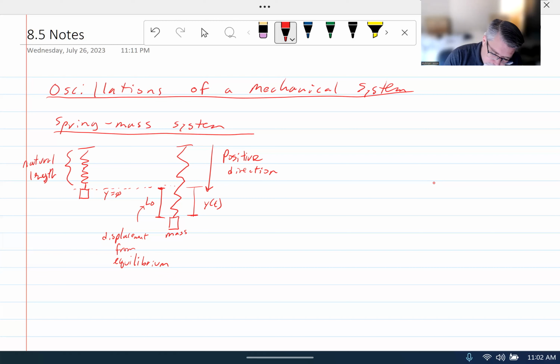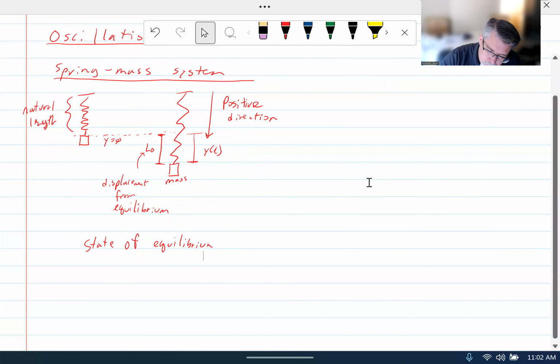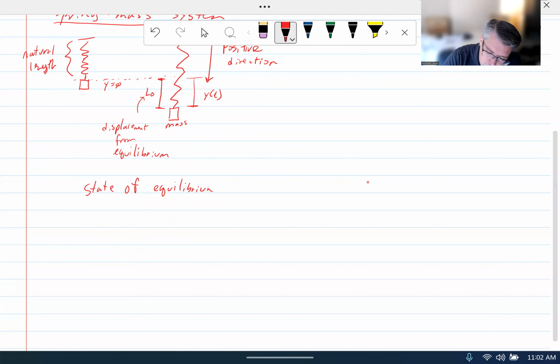Okay, so we have a state of equilibrium that we start with, and we have two opposing forces.